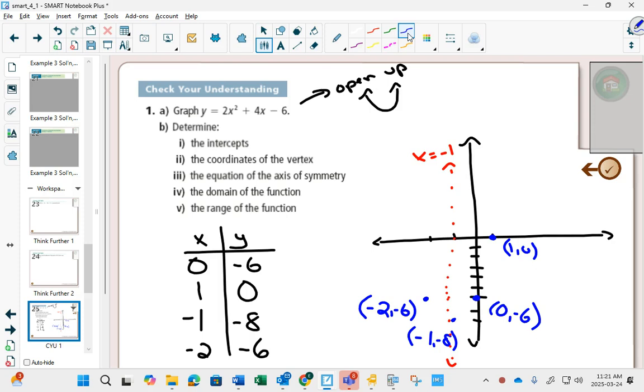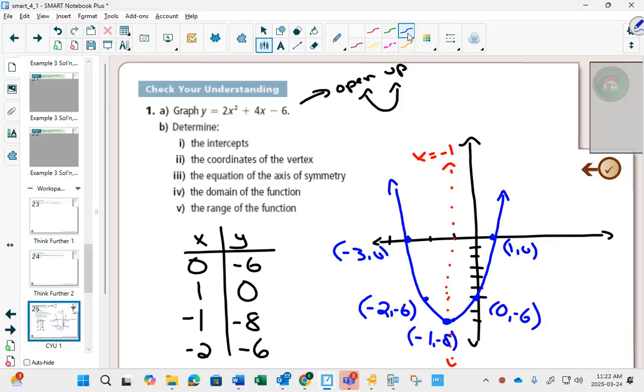And because it's symmetrical, if this one's at 1, 0, and that's 2 away from my axis of symmetry, does it make sense that your other x-intercept will be at -3, 0 in order for this to be symmetrical? And since this point is on your axis of symmetry, we know that -1, -8 is our vertex.